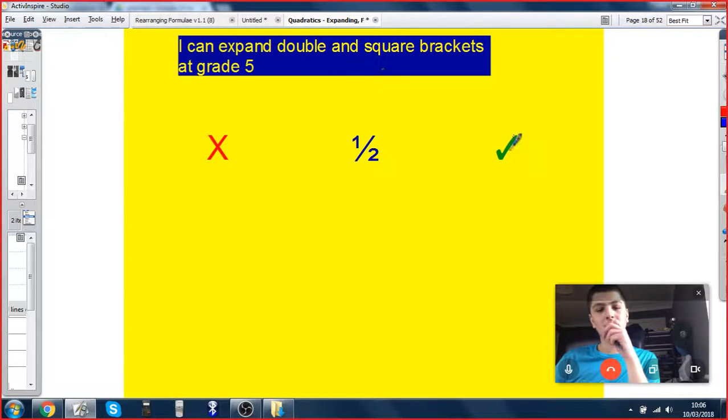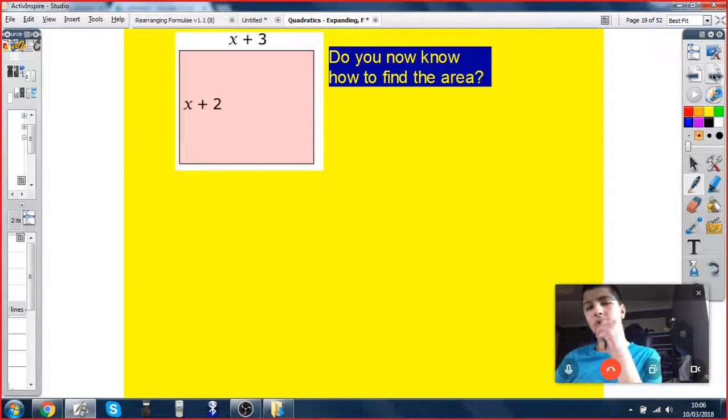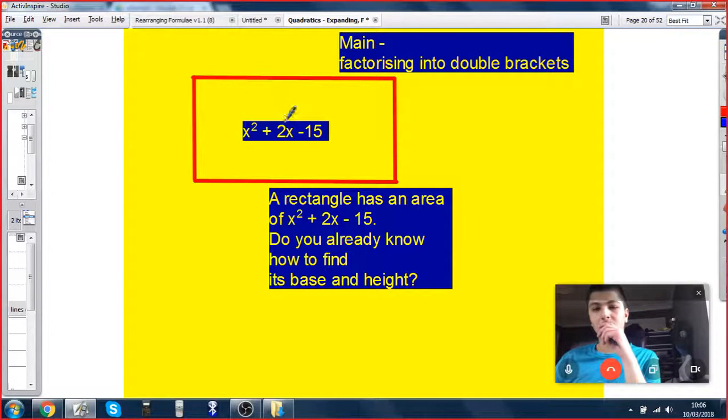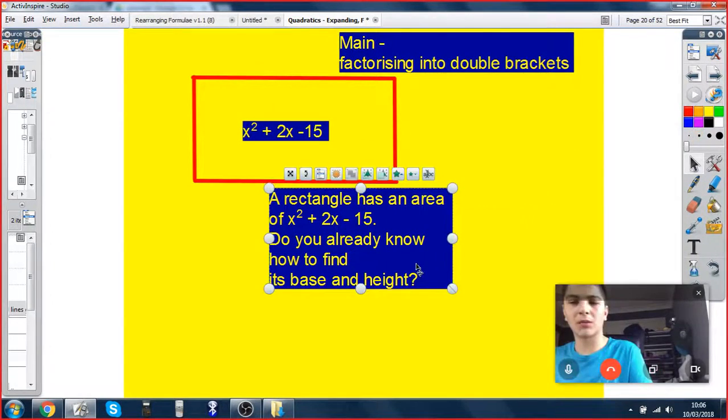Okay, so now we do the same thing working backwards. Imagine you were given an expanded bracket. The answer was this. Any idea how you work backwards to get what the two brackets were? Isn't it that 2x is the sum and then minus 15 is the product?